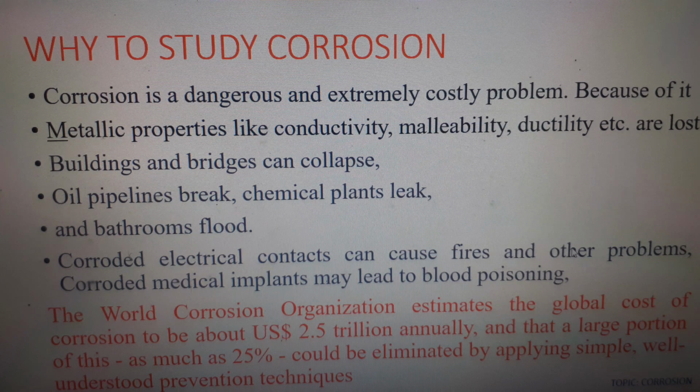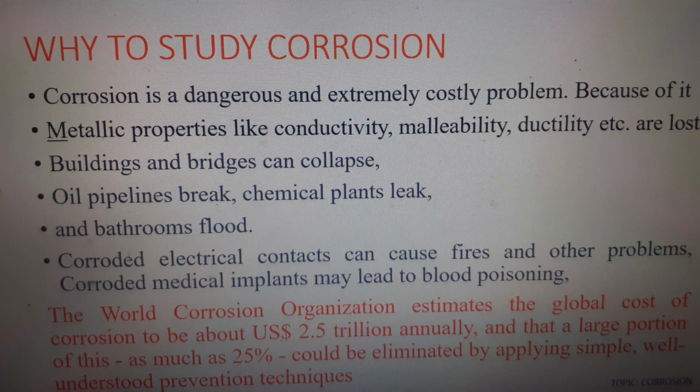It was observed that the World Corrosion Organization estimates that the global cost of corrosion is about $2.5 trillion annually, and that a large portion of this, as much as 25%, could be eliminated by applying simple, well understood prevention techniques.